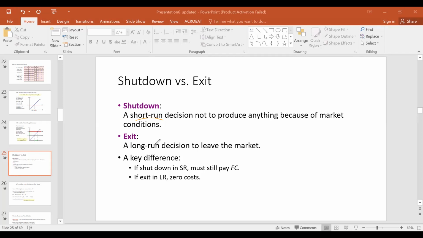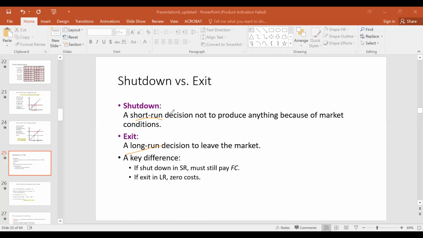But when you use the word exit, the guy has actually left that market. He can sell his factory, everything, and leave. He's exited. He's off completely. So know the difference between shut down and exit. Exit is long run. Shut down is short run. The guy is not producing anything, but he hasn't left that industry or the market.